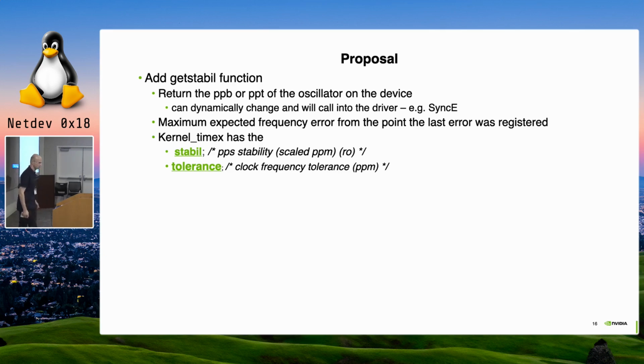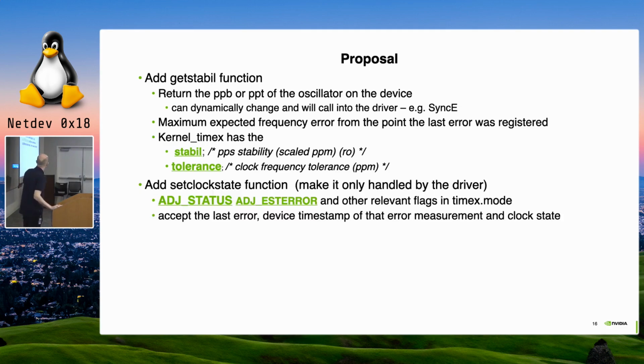There is a stable which we can maybe just reuse and assume that this is the okay place to return the stability of the clock and calculate on that in the PTP subsystem. And obviously we need the function that will set the clock state. There are plenty of flags that already exist in the POSIX clocks adjust time function, so we can probably just piggyback on those flags and easily push the information that is needed into the kernel.